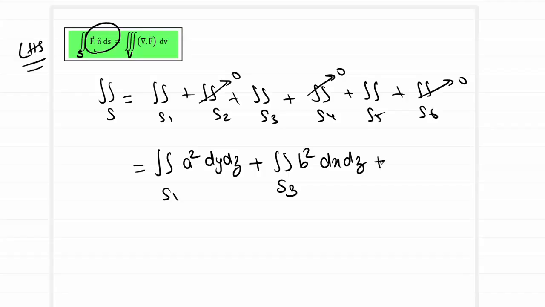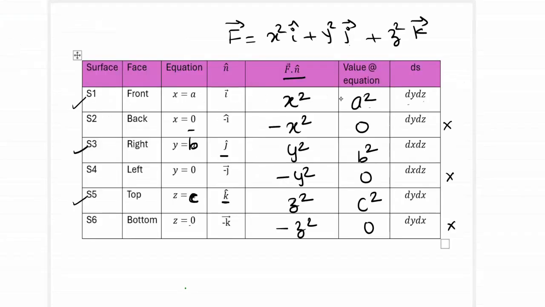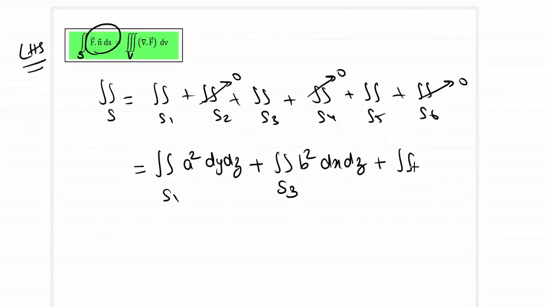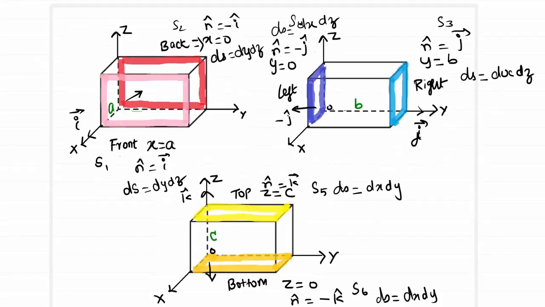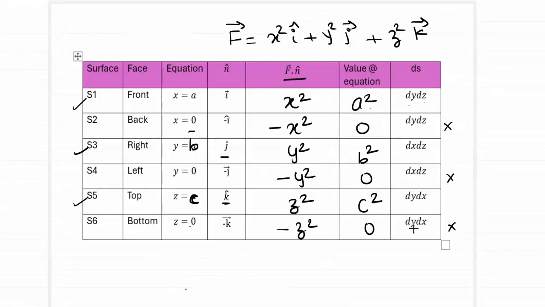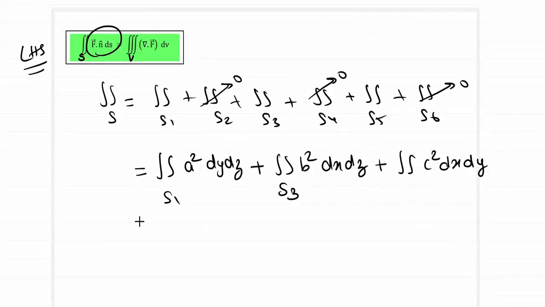And next comes my S5. What is my S5? C square dx dy. Okay, so now we are ready to integrate this quantity.